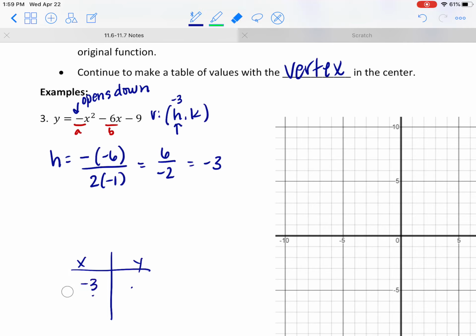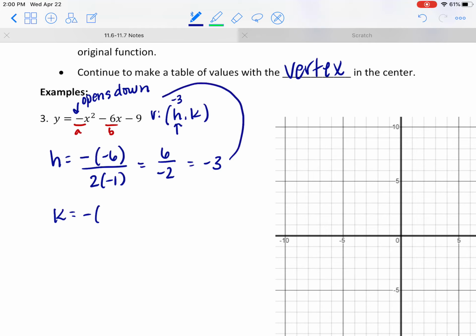Think about if you're making a table, right? If you knew that the first half of the point was -3, how do you get the other half? We'll plug the -3 in. So if we take that -3 and we plug it in, I'm taking this and I'm plugging it into this function, okay?